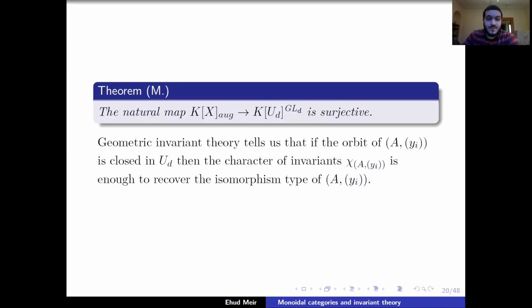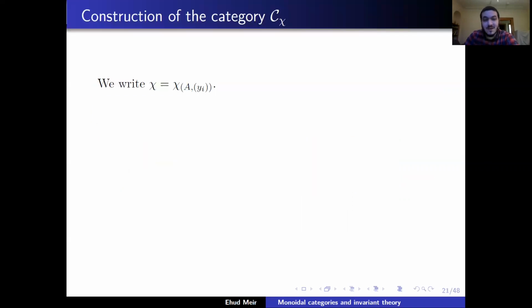Okay, so what does geometric invariant theory tell us? It tells us that if the orbit of some structure is closed in U_d, then the character of invariants is actually enough to recover the isomorphism type of A. But then comes the question, okay, but how do we actually do it?